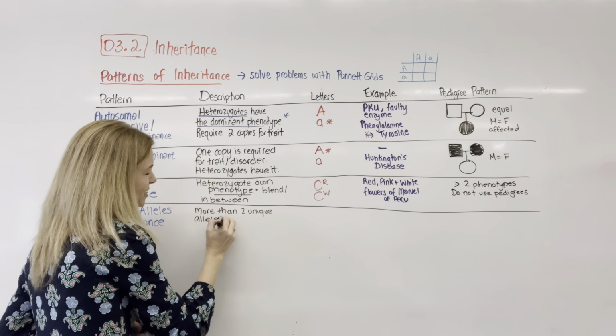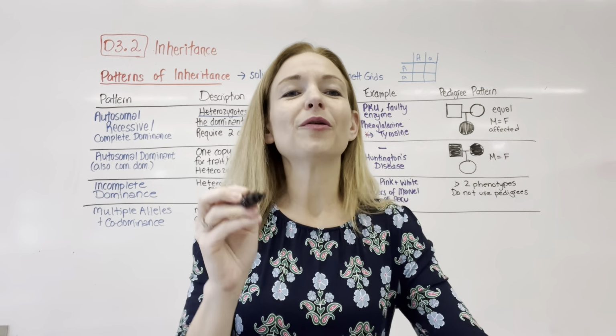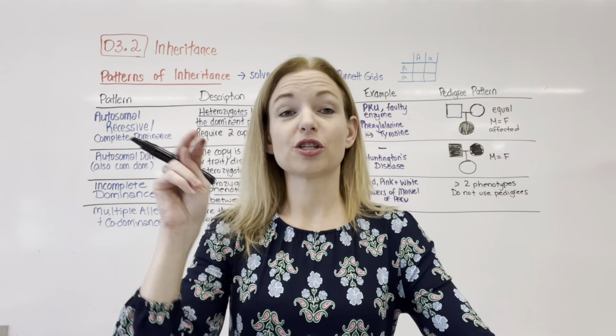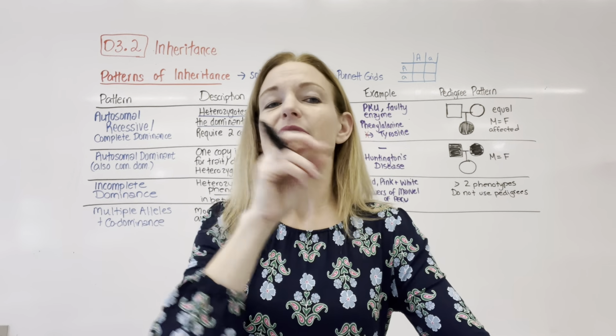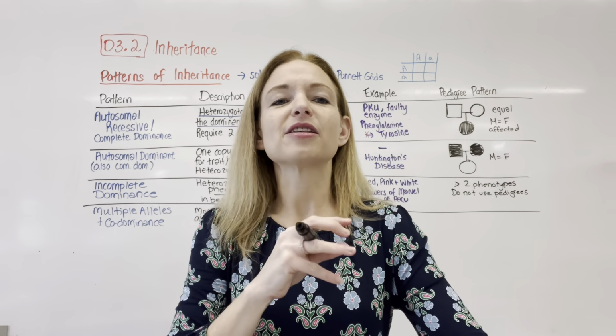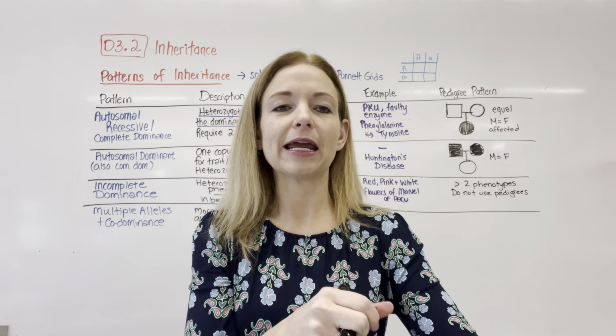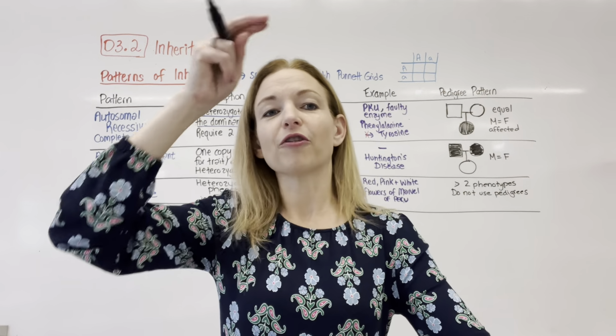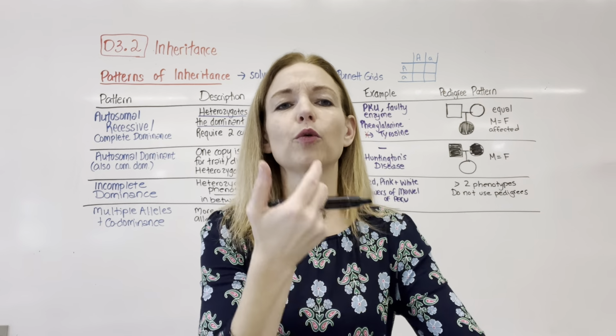So the tricky part, I'm just going to explain this verbally. So we can have 2 alleles, and one of the alleles can have different SNPs that cause it. So different single nucleotide polymorphisms can cause the same allele as long as the protein outcome is the same. So as long as the defective protein is the same for all the different SNPs, we would still call it one allele.